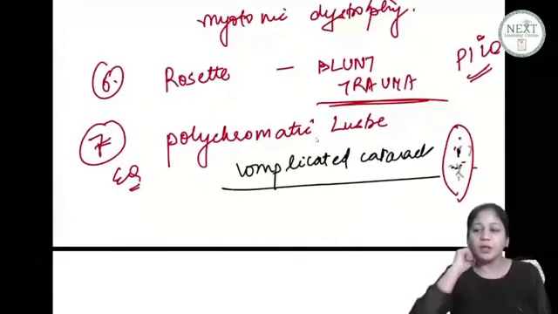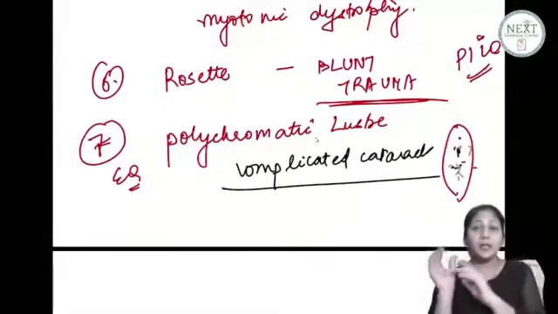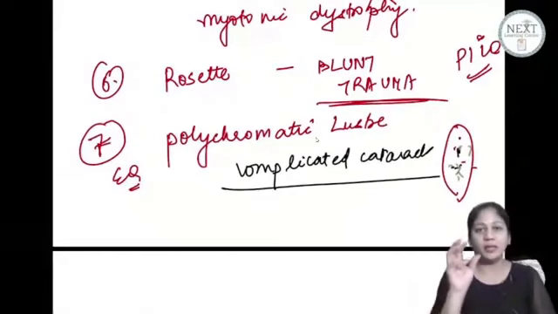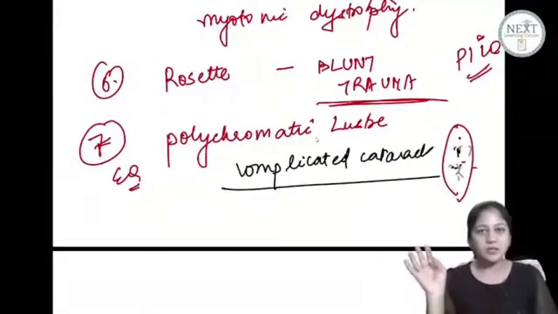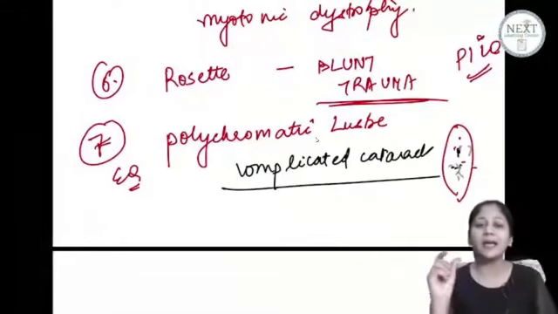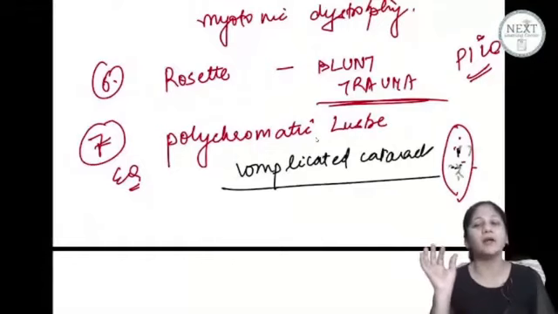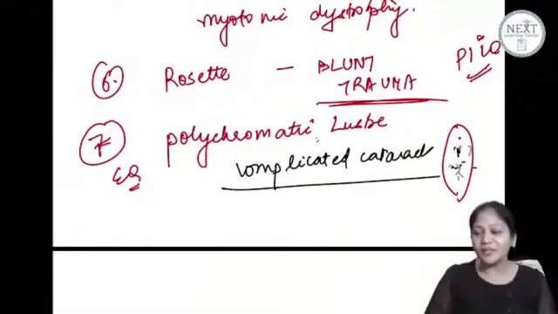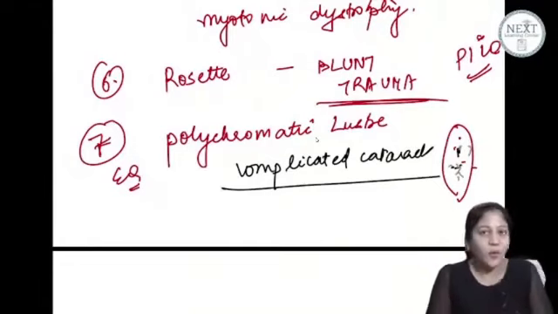So, polychromatic lustre means you see multiple colors in a lens. Suppose a patient comes to you and under the slit lamp you see multiple colors. That means he has a complicated cataract. Now, what do you understand by the word complicated? Complicated here does not mean that it's a complicated case and I'm not going to operate.